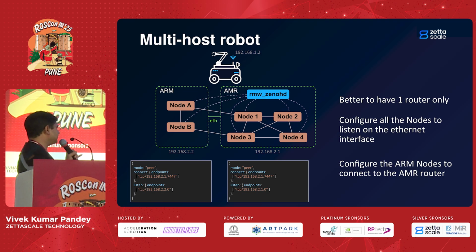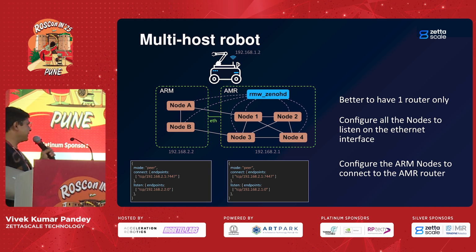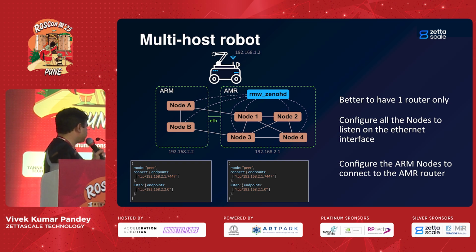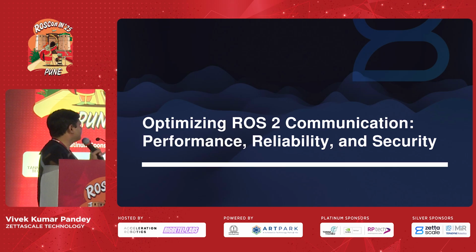The better approach is to run the router on the AMR side and configure all the nodes to listen on the Ethernet port, and your arm node connects to the AMR. You can see the AMR side configuration and the robot arm side configuration, so you can use that.